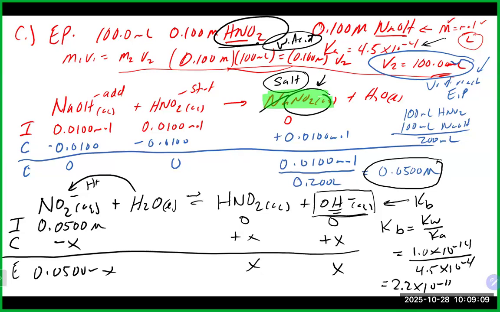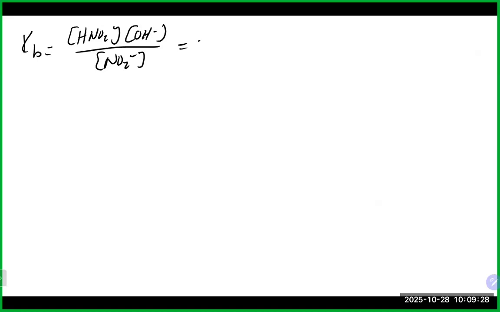All right, so obviously here our equilibrium line is going to go into our Kb expression. So our Kb in this case is going to be the concentration of HNO2 times OH minus divided by NO2 minus, and that's going to equal our 2.2 times 10 to the minus 11.